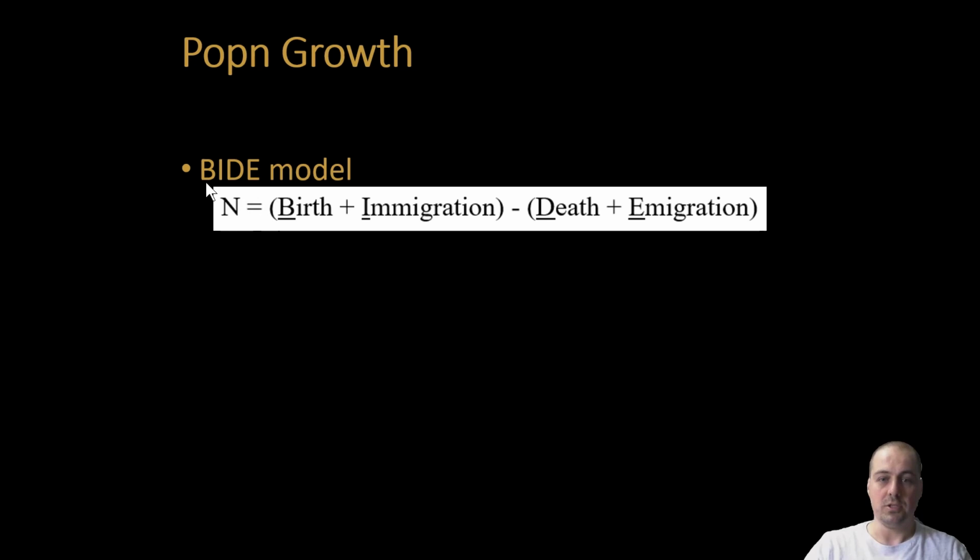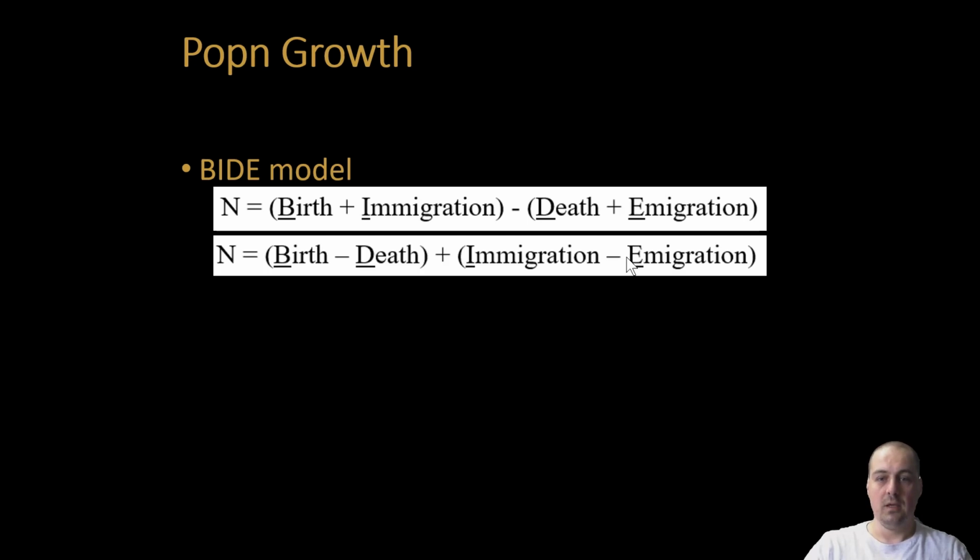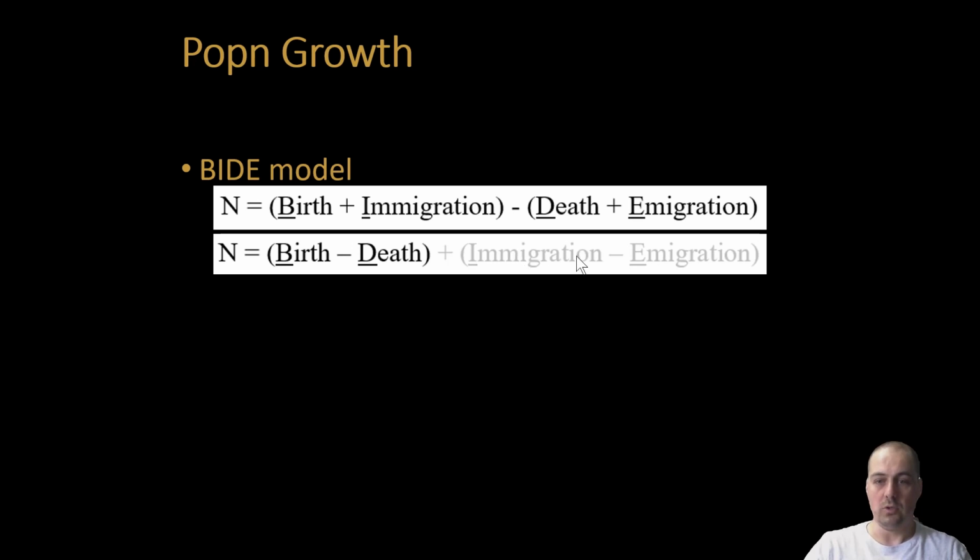So your population size is going to be based on all four of these processes. I'm just going to rearrange this. I took immigration and put it over here, and I took death and put it over here. I'm rearranging it for the purpose of this talk because we're going to begin by focusing on birth and death, and we're going to come back to immigration and emigration a little bit later.